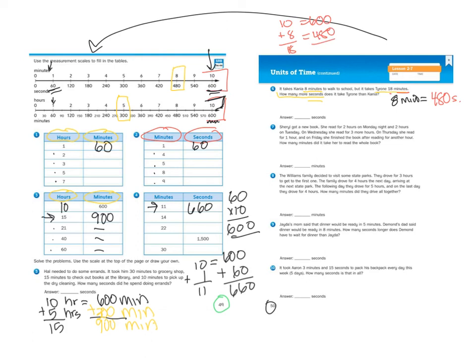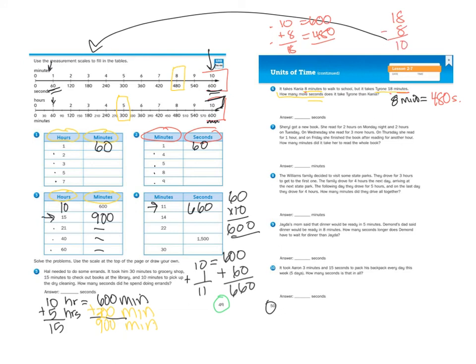How many more seconds does it take Tyrone than Kanya? I have a little guess because Kanya was 8 minutes. Tyrone was 18. Remember we just did 10 and 8. So if I took away the 8 minutes, because they both had that, 18 minus 8 is 10.